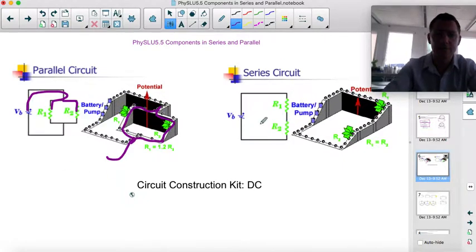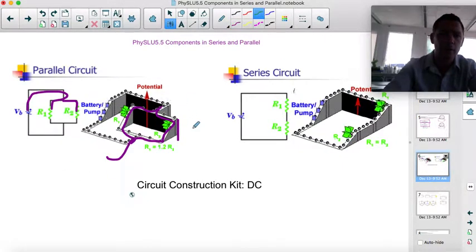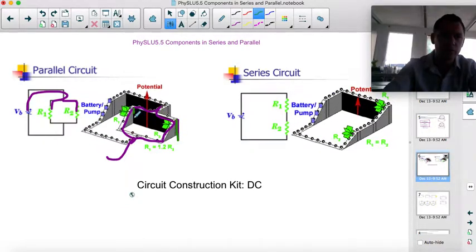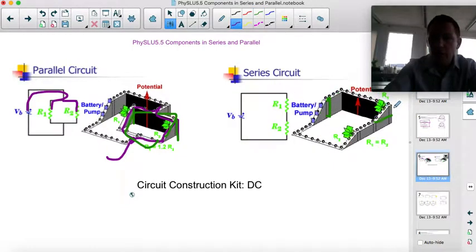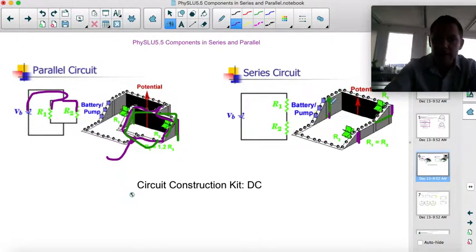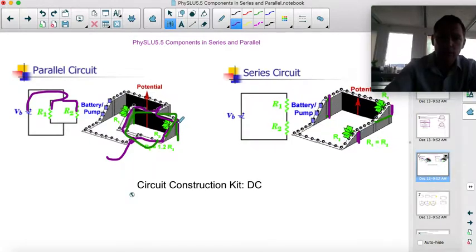Each one of these has the same drop height, right? It has the same potential difference here and here. But you get half the current going through here, half the current going through here. Series circuit, you get the same increase in potential energy if you have the same battery, but here there's two different resistors. There's one that's dropping this much and one that's dropping this much, and overall this and this added up should be the same as this drop, where here this is the same drop as the battery EMF, this is the same drop as the battery EMF.